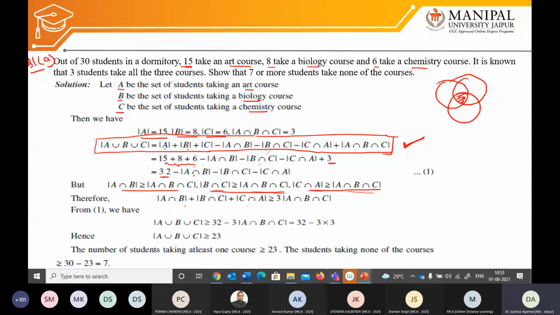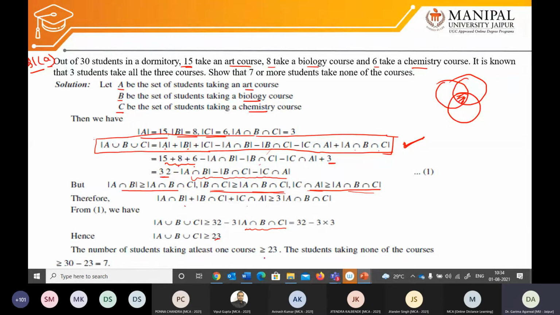Now if we substitute this value over there, it will be 32 minus 3 times A intersection B intersection C, and this equal sign will convert into greater than or equal to sign, right? Now A intersection B intersection C is 3, so the value of this term will be 3. So A union B union C is greater than or equal to 23.